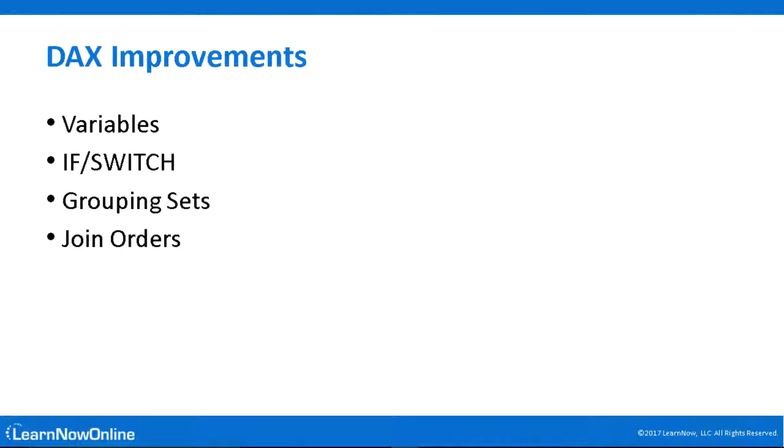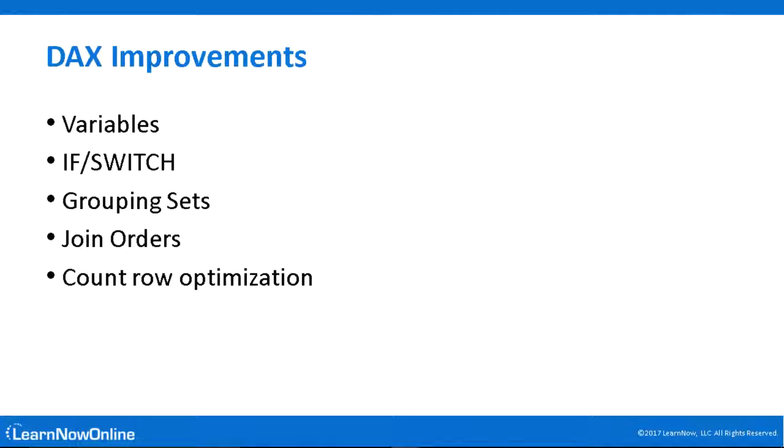Join orders, according to Microsoft, improves the way that you arrange join orders so that the joins start with the most restrictive intermediate table that correlates with the other intermediate tables. And this follows the T-SQL query engine that tries to find the most restrictive to give you the best plan and the quickest returning of results.